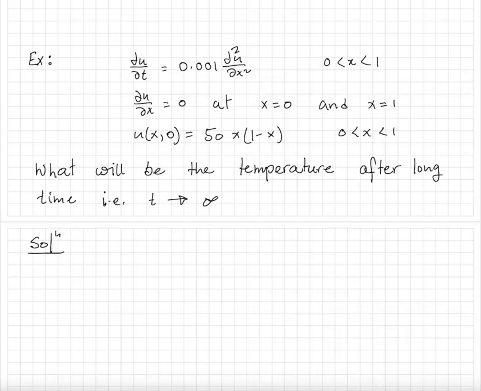In terms of the heat equation, it is understood that at both ends the rod is insulated, so no loss of heat. Mathematically, this is called the Neumann condition. And then we have the initial condition, which is 50 times x times (1 minus x). Once we find the solution, we also want to find what the temperature will be in the limiting case after a long time. So t is the time variable, and if t goes to infinity, what will be the temperature?